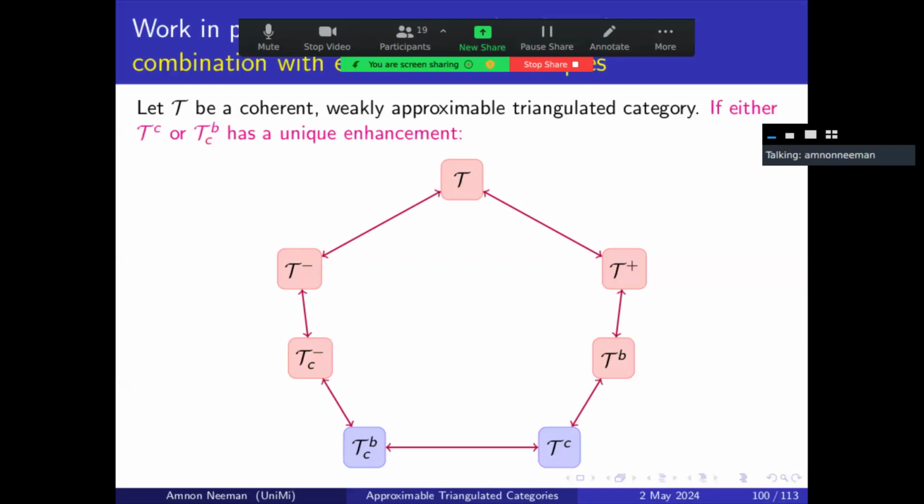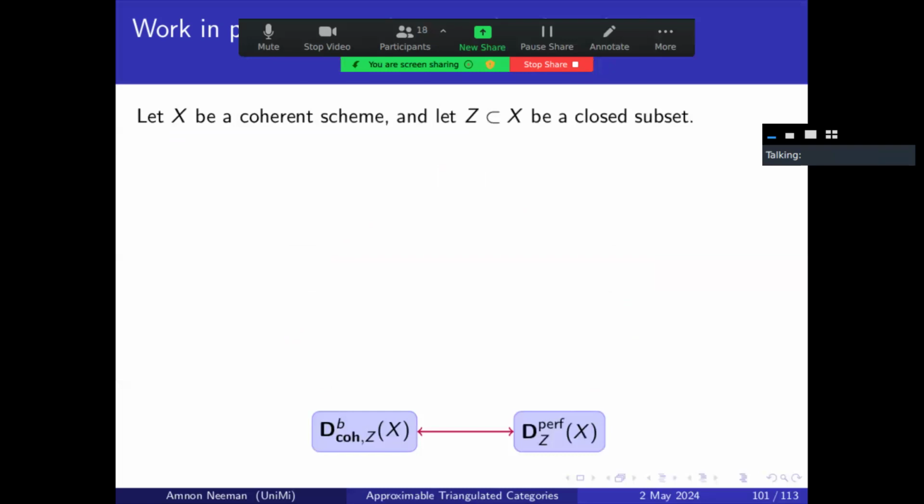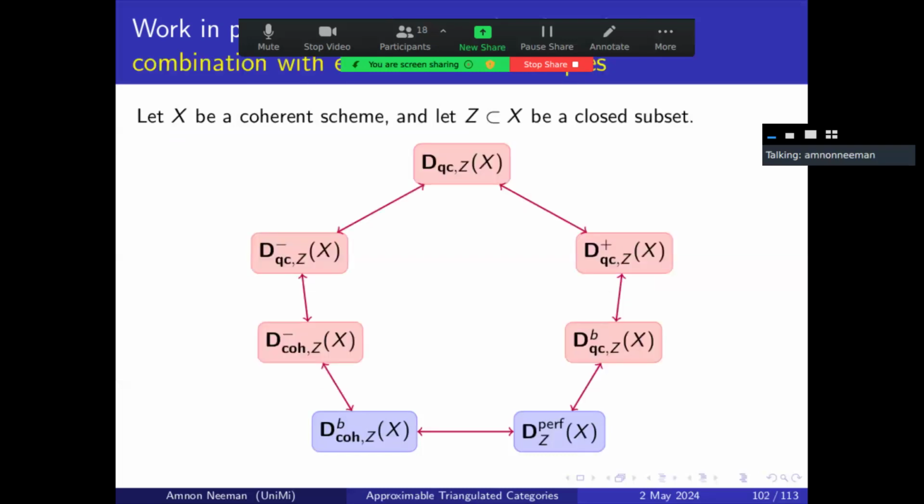Now, if either TC or TBC has a unique enhancement, you can also go back up. So this tells you that, in fact, as long as X is a Noetherian scheme and Z is a closed subset, then any of the 7 categories defines all the others.